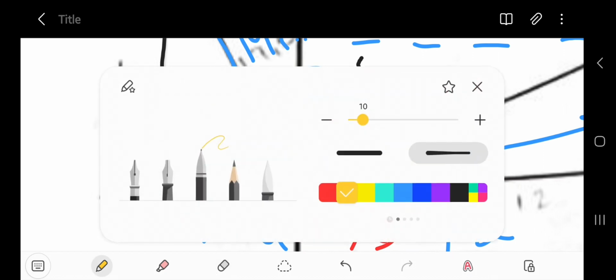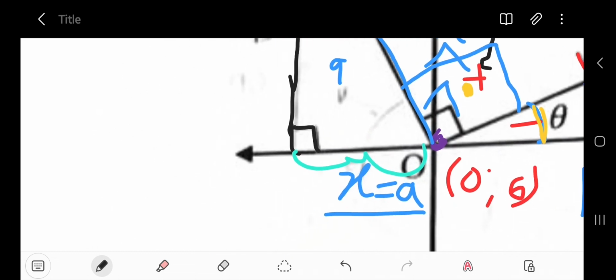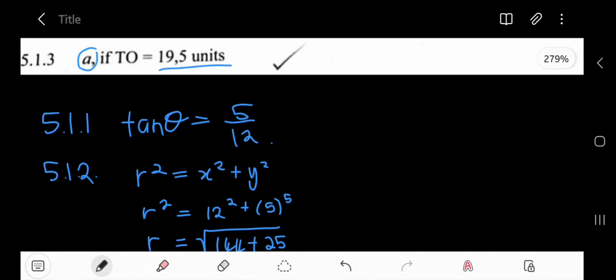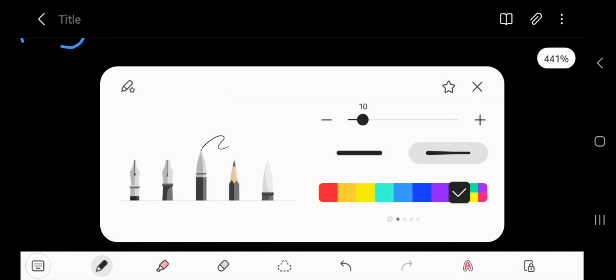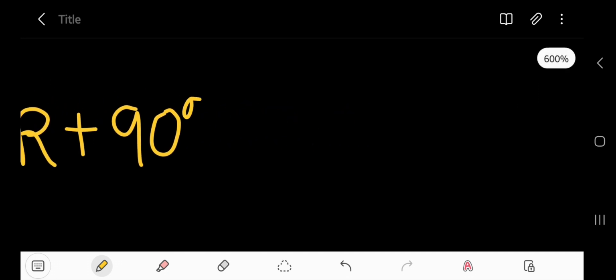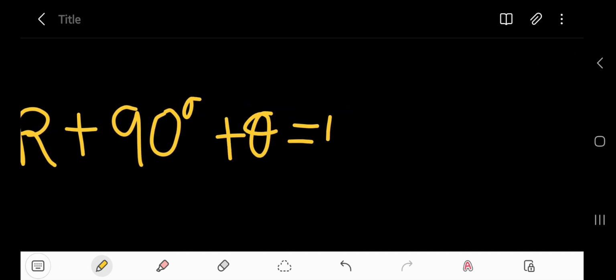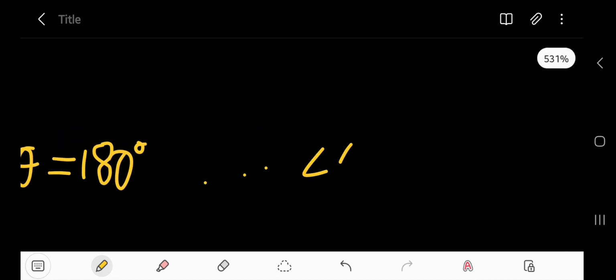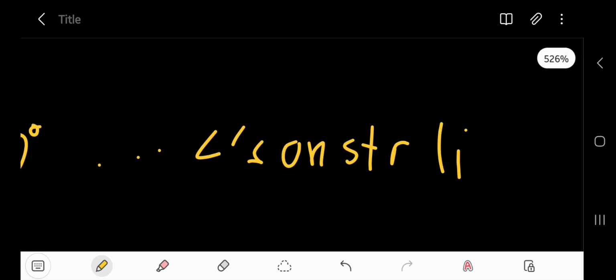Now let's move on. Just for the question's sake, let's name this point R, so that we can label our angle correctly. We are going to say angle TOR plus that 90 degrees that we're given, plus the theta that we're given, have to give us 180, because these are angles on a straight line.